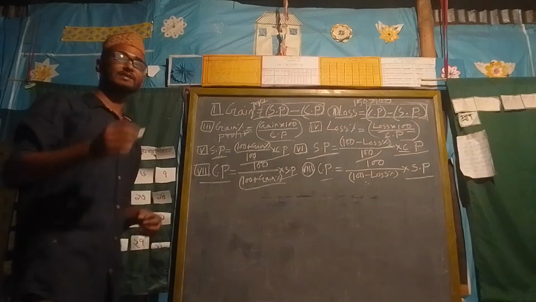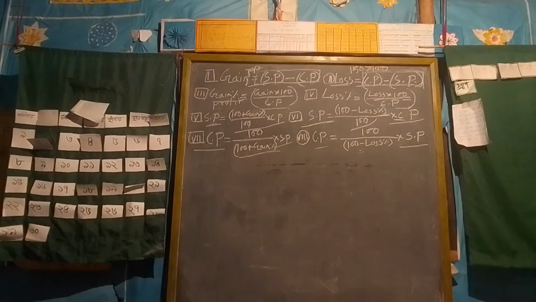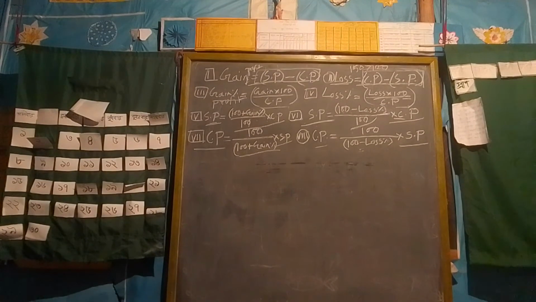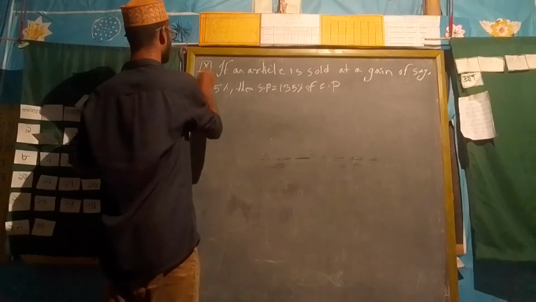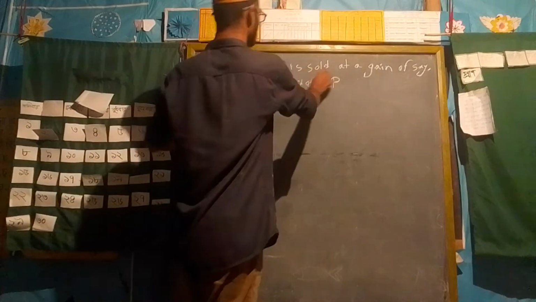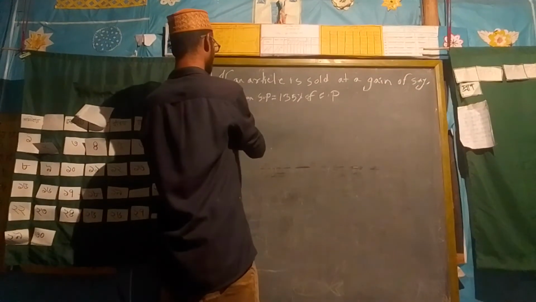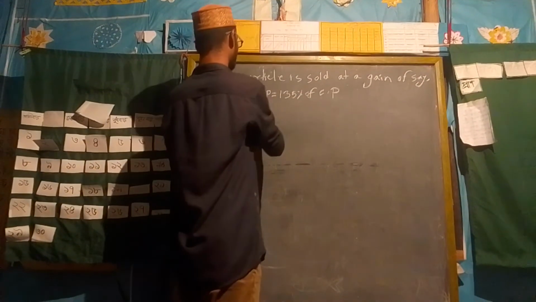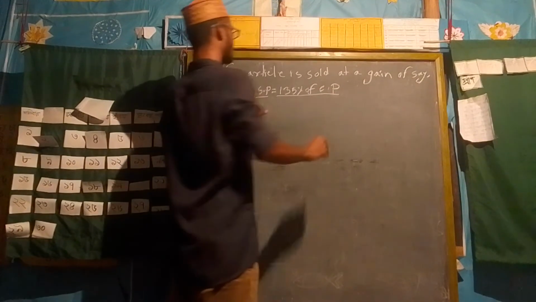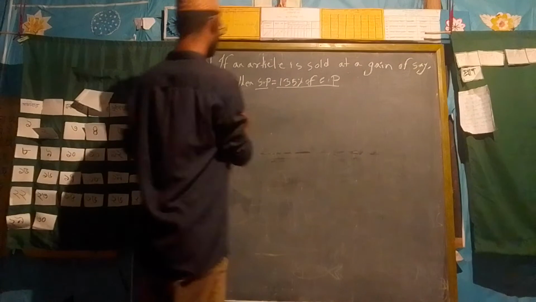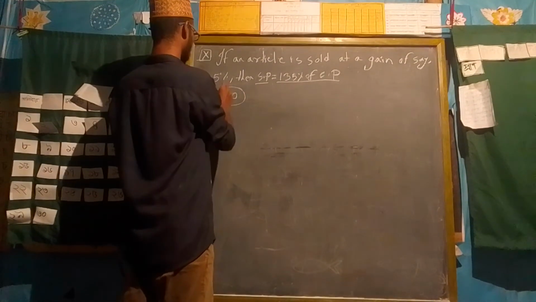Example number 1, our formula number 10. If an article is sold at a gain of, for example, 35%, then what will be the selling price? The selling price will be 135% of CP. With 35% gain, let 100 be the original price.